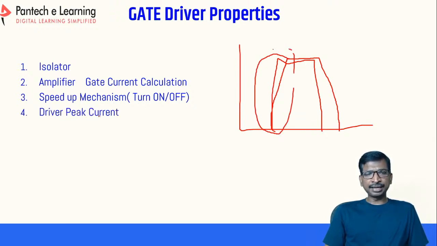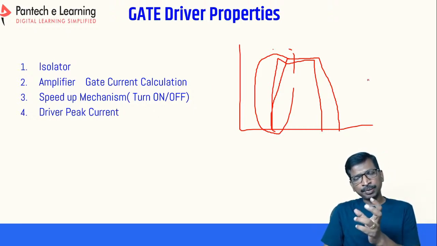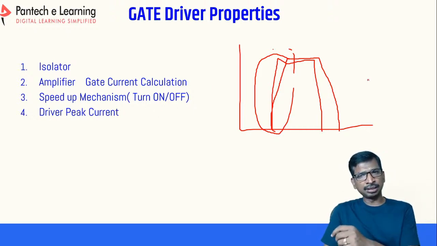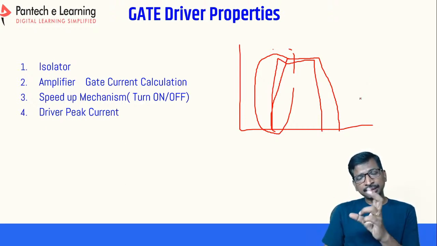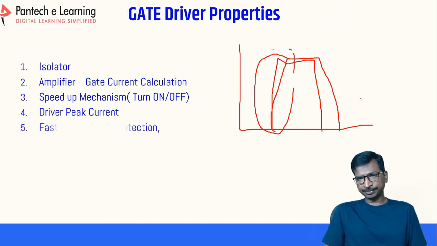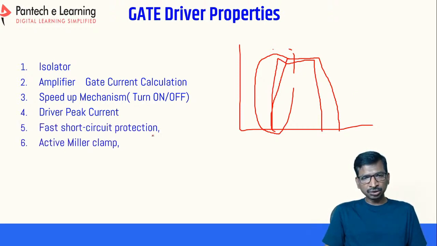And the peak current: it depends on the decoupling capacitor available between the gate and the source, so we have to consider the capacitor currents, which is called the driver peak current, and fast short circuit protection, and then the active Miller clamp effect. These are all the points we have to consider in the gate driver circuit.